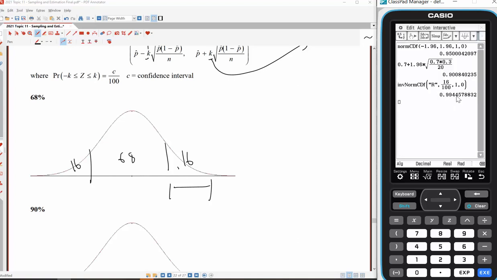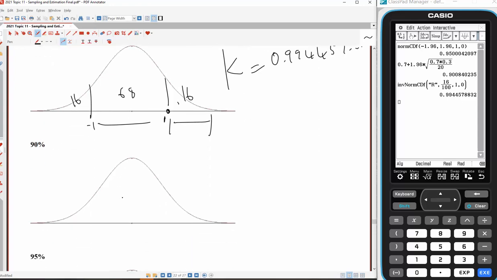And that gives us a K value of 0.994457... Okay, that means that this value here, roughly 1, what we're going to get is between 1 and -1, a confidence level of 68%. That should make sense because 68%, either side of the mean, is 1 standard deviation.